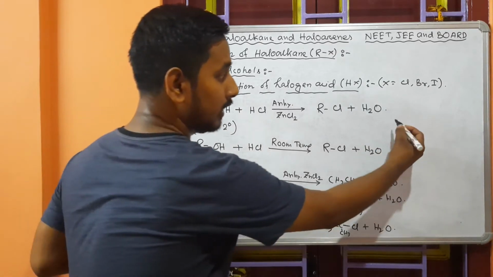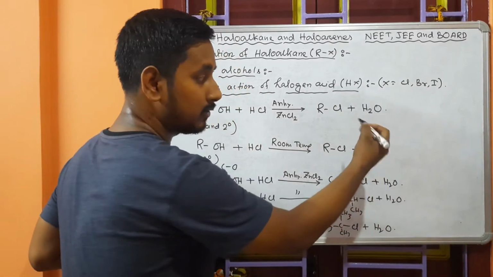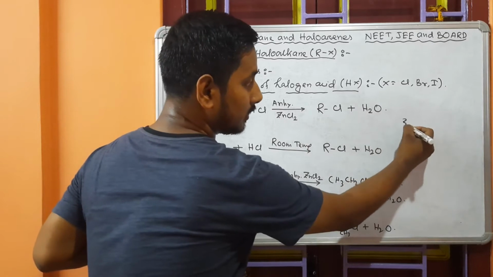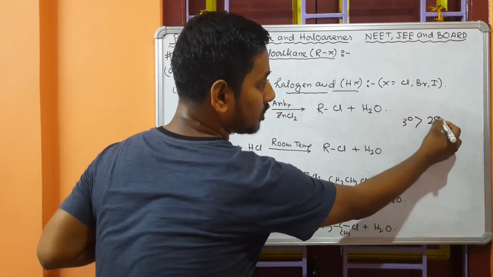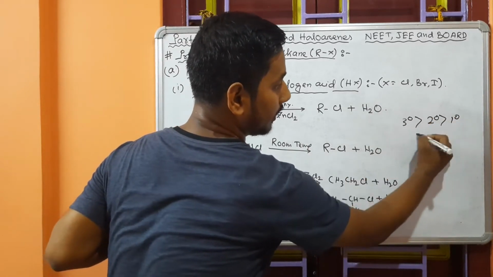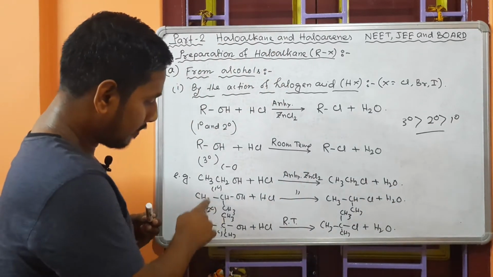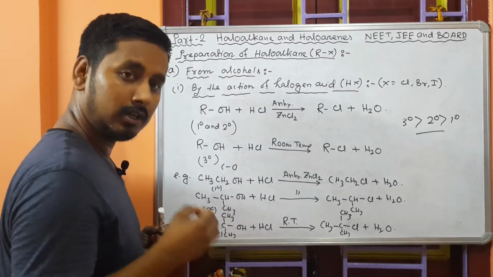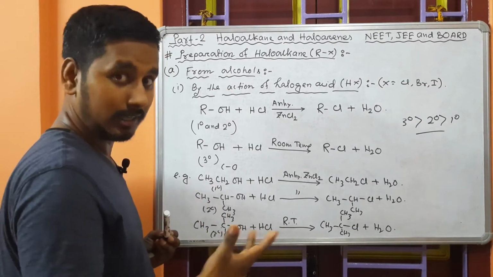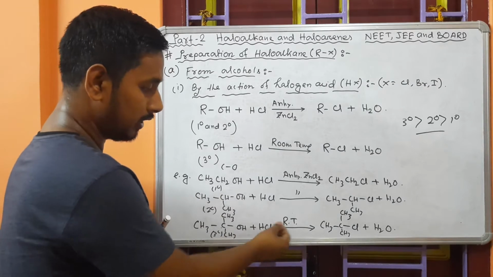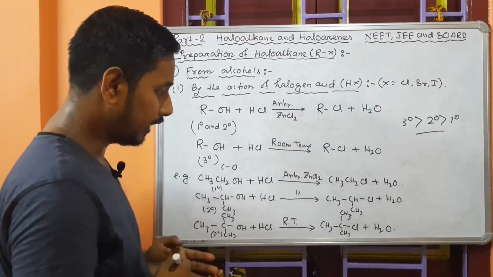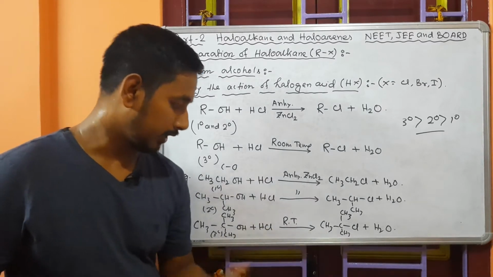And we know from class 11, that is from GOC, that a tertiary carbocation is more stable than secondary, than primary. So the tertiary one is the stable carbocation. That's why this reaction will carry out at room temperature only. Okay, and we get the desired product.